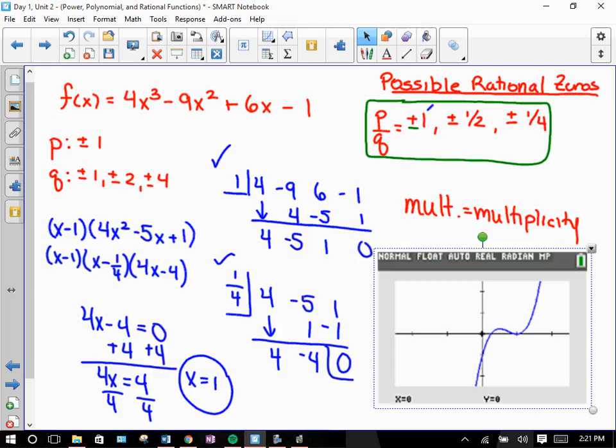If it passes through, and I zoom in right there, that's going to end up looking like a straight line. So this 0 has a multiplicity of 1. It's only repeated one time. This 0, if I zoom in, kind of looks like a parabola, so it has a multiplicity of 2. So what we see here is we have our 3 zeros, one of which has a multiplicity of 2.